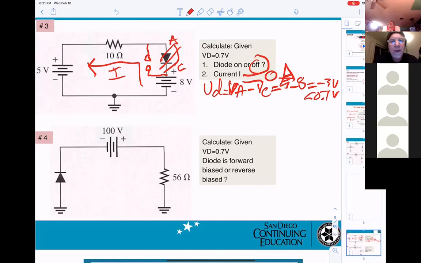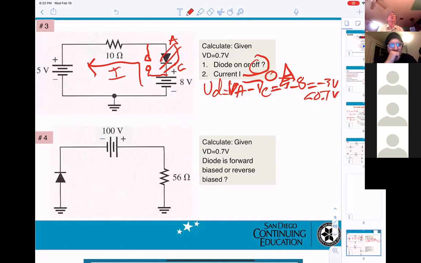Could you go over the first part one more time, please? You need to calculate the VD. If I say A and C, then VD must equal VA minus VC.